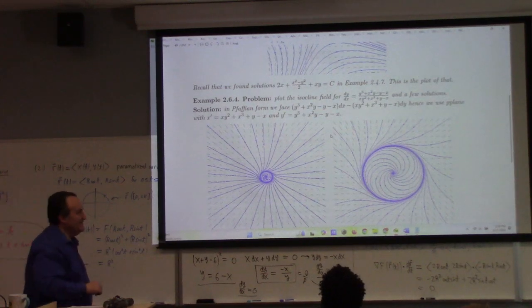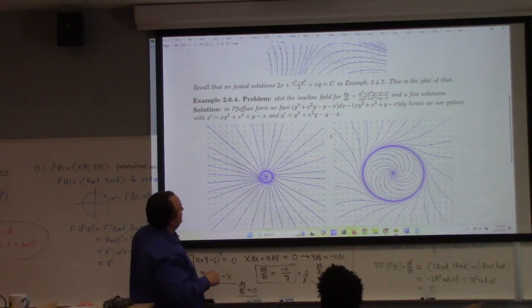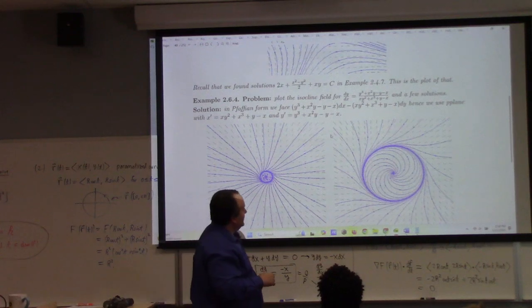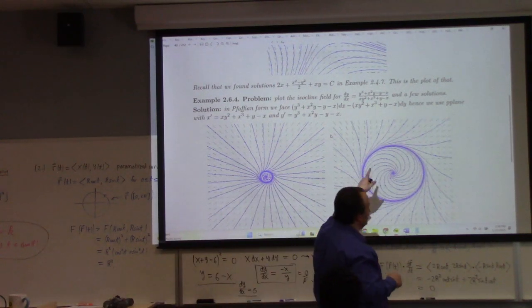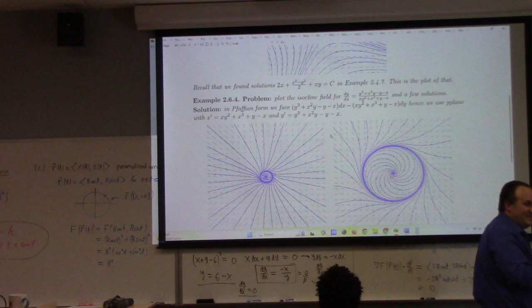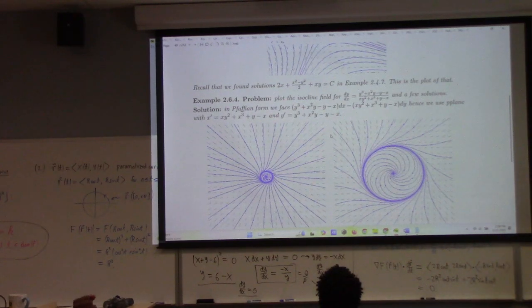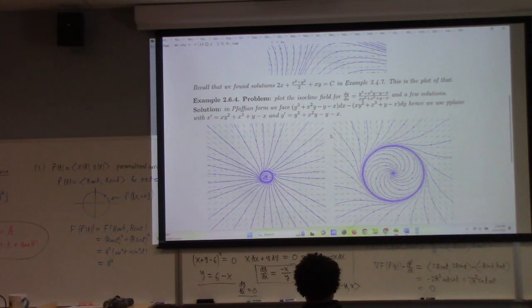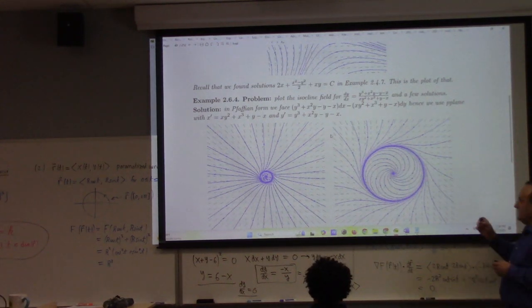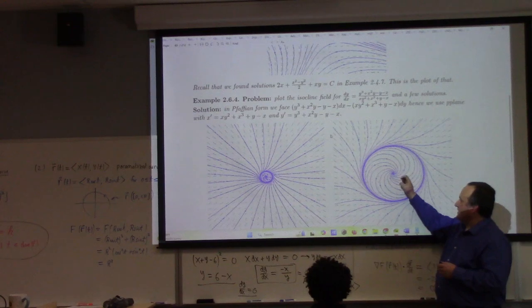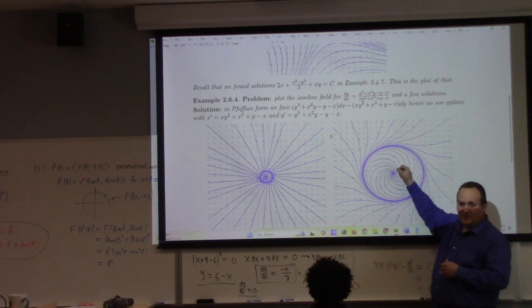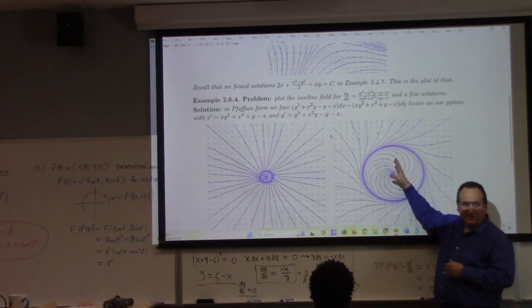This one is more interesting. This is the isocline field for dy dx. If you rewrite that, this involves polar coordinates, and it's a funny thing. Any solution inside the unit circle either spirals out to the unit circle or into the origin. I forget which.